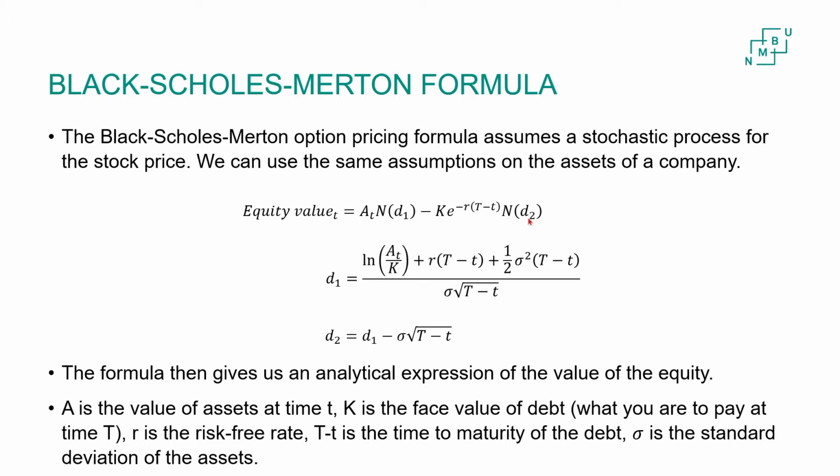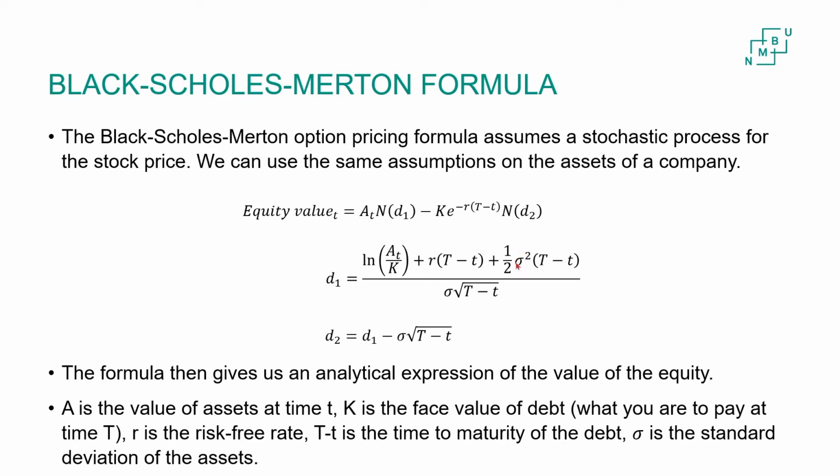given a number d2. Okay, and d1 is calculated as the logarithm of the ratio between the asset price over the face value of the debt plus the drift term, the risk-free rate times time to maturity, plus 1/2 of the variance.